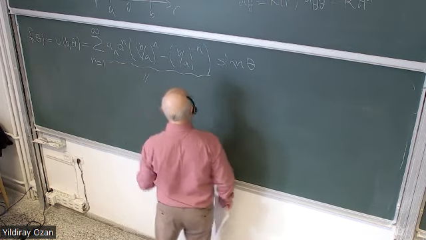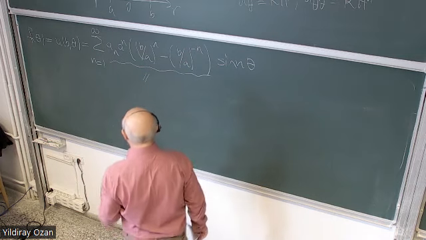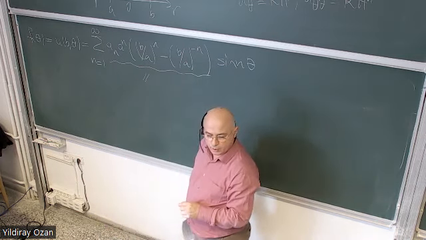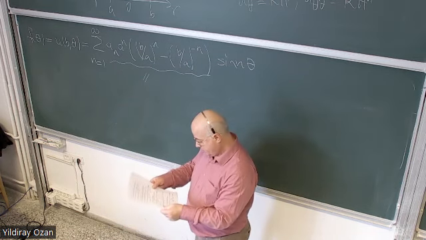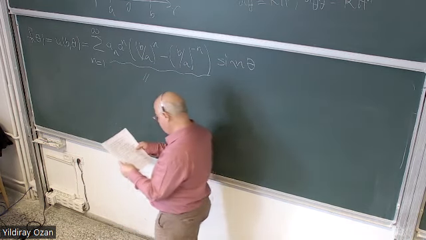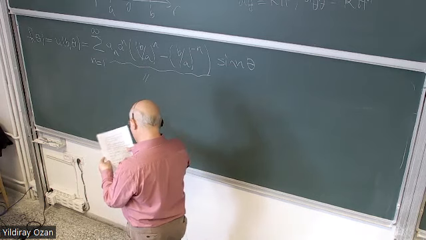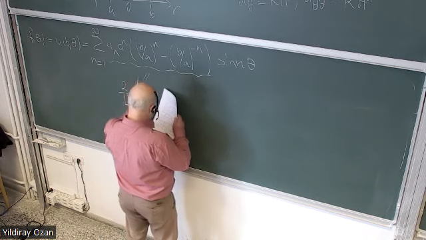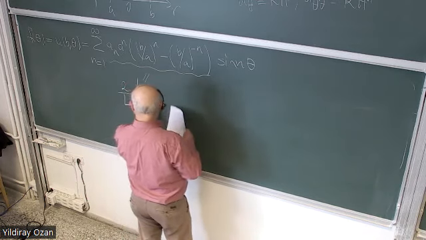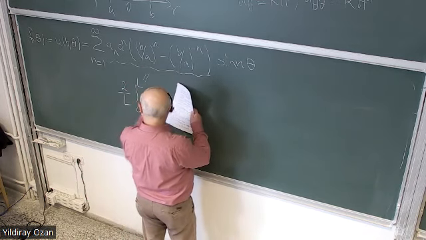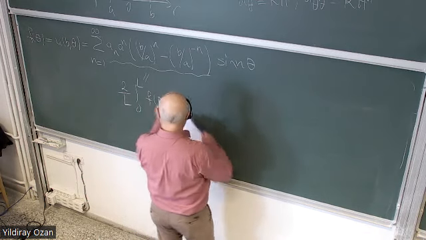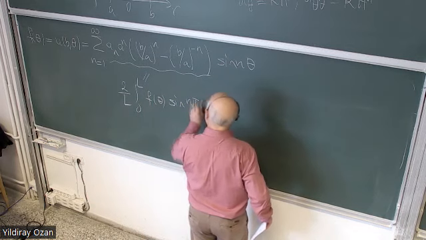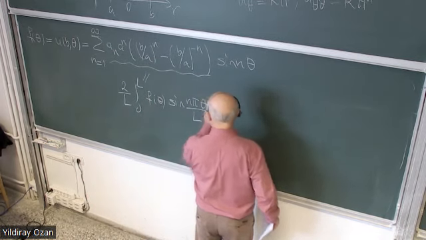From the Fourier series, 2 bölü L mi olacaktı, 1 bölü L mi olacaktı? 2 bölü L, sıfırdan L'ye. Tamam. So 2 over L, 0 to L, f of theta sine n pi theta over L d theta.